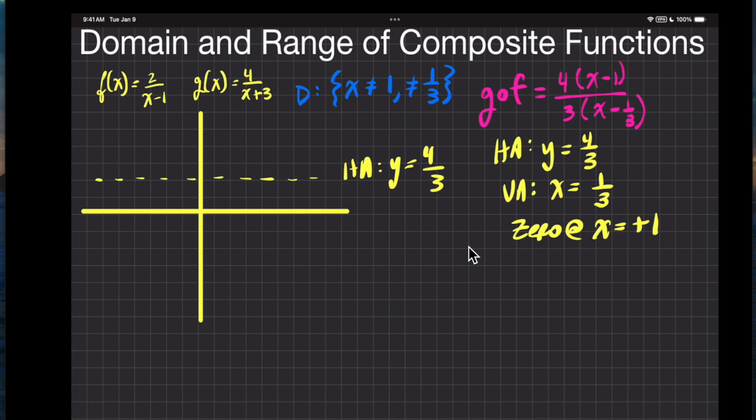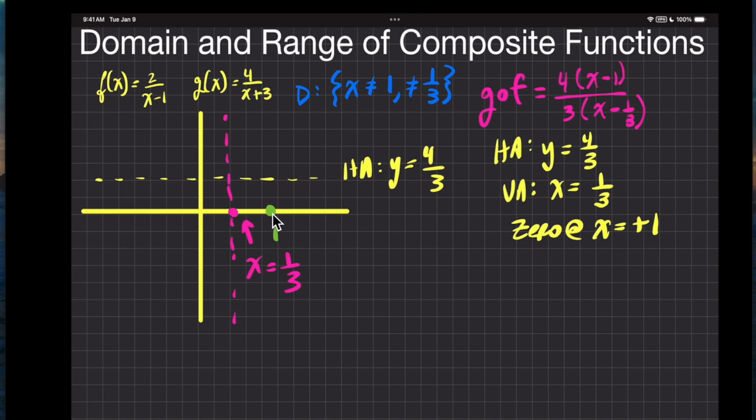Here is our vertical asymptote at y equals 1/3. I'm sorry, x equals 1/3. And finally, we're going to put a 0 at x equals positive 1. So we know the graph is going to cross positive 1 in this location.